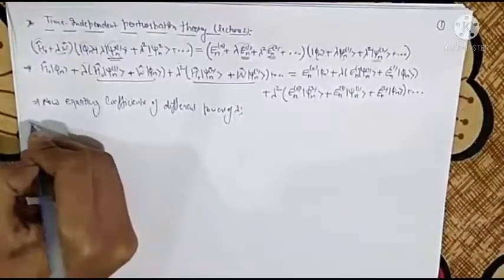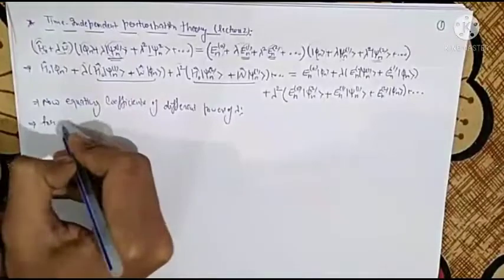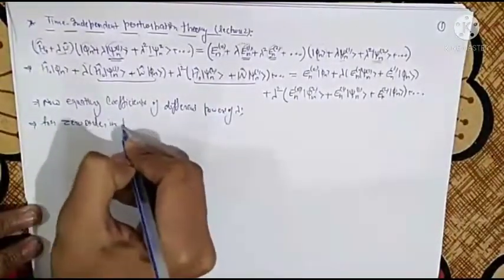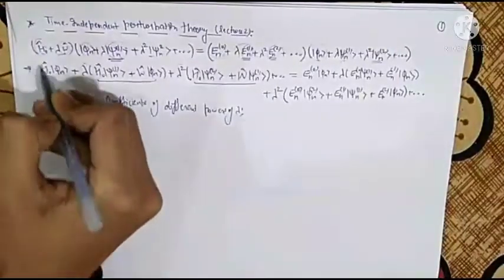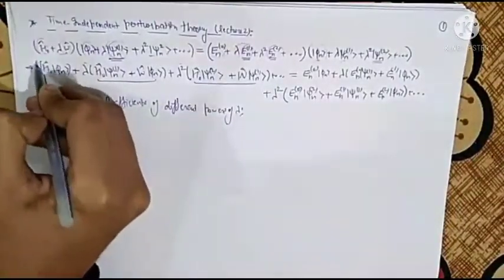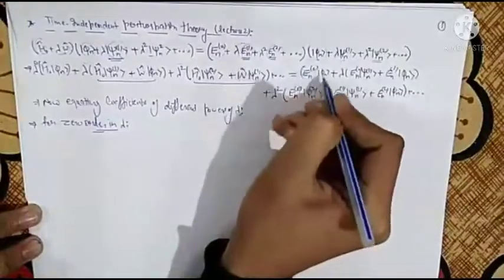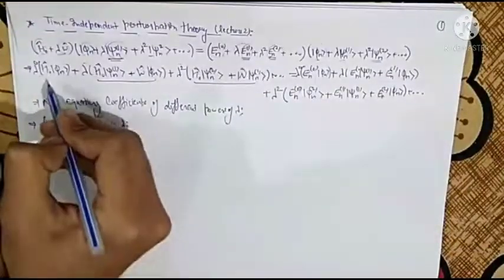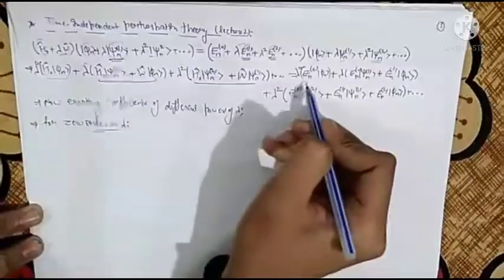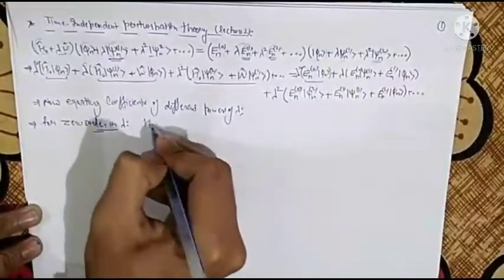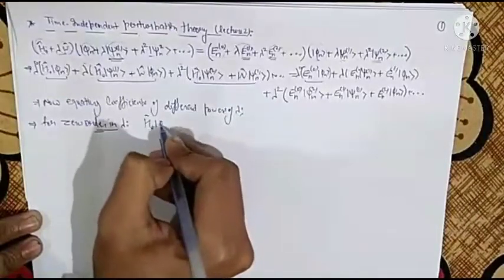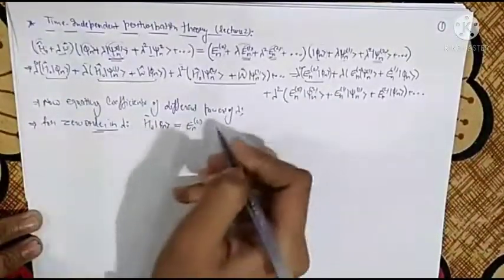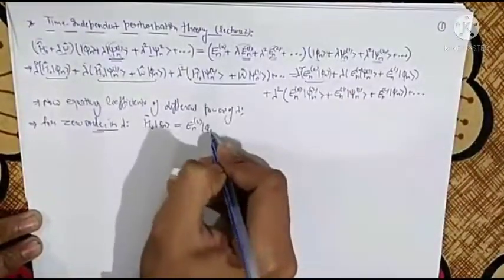What we will get for zero order in lambda? For zero order, because this term has no lambda, it is lambda power 0. Again, this term has no lambda, so it is just lambda power 0. If you equate the coefficient of lambda power 0, it will be H naught acting on phi n will give you E naught into phi n.